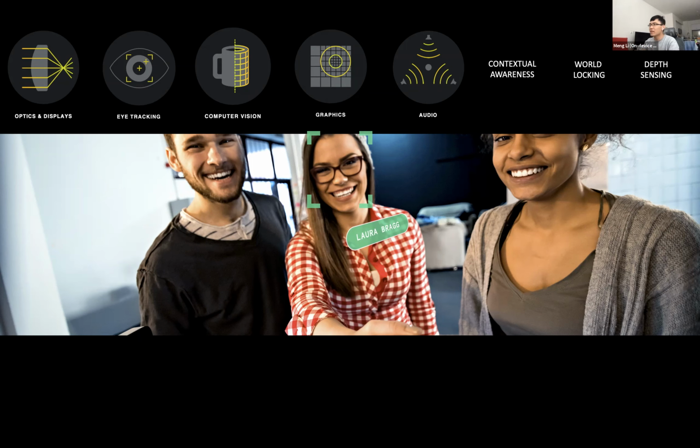We also need image recognition to associate an individual with the image, and graphics to render the annotation. We need world locking to attach the annotation to a specific person. Also, we need depth sensing to handle the possible occlusion between the virtual object and the real people.